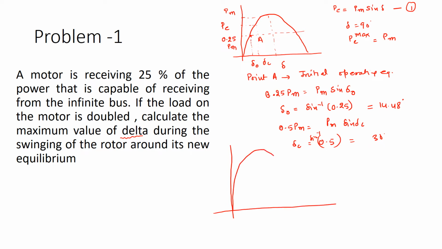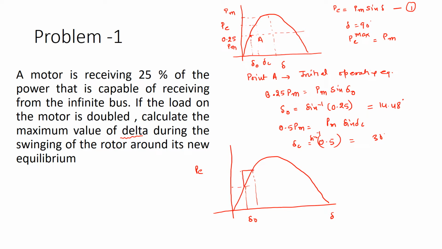Small constructional steps you need to be very careful about. So let us draw this power angle curve. This is delta, this is P. Here there is delta naught, and suppose this is delta C.